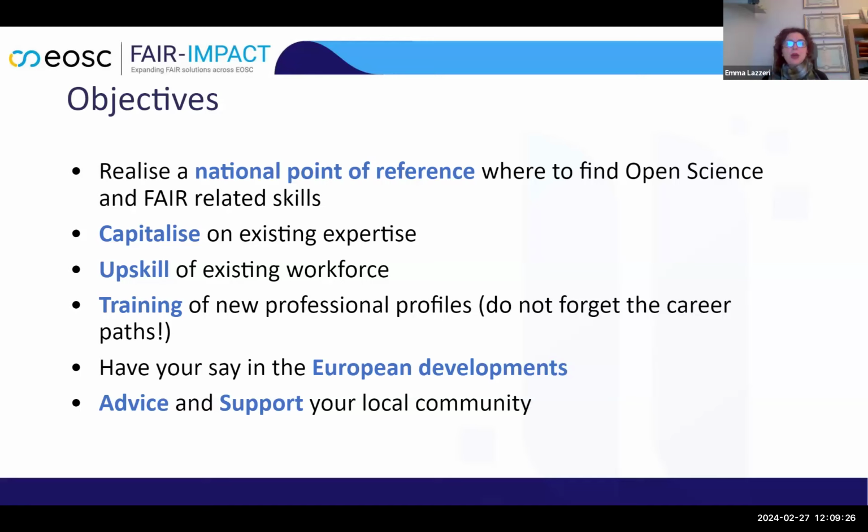One of the other objectives of this should be the upskilling of the existing workforce in the country. We have a lot of people that are working already in institutions, in research performing organizations, at the level of the funders, the government, and we need to upskill them in order for them to acquire open science and FAIR management related skills.